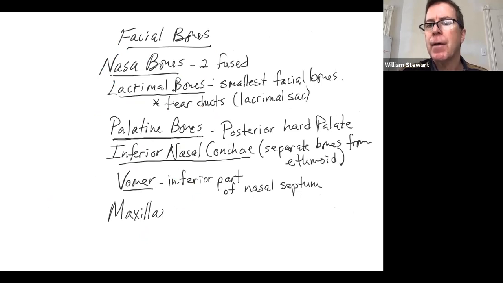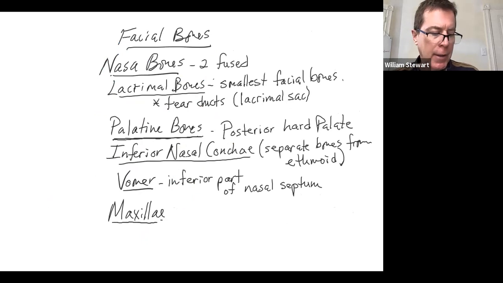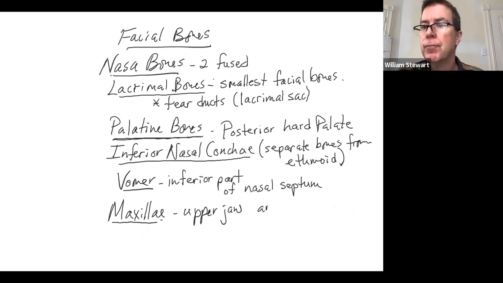We say maxillae with an E, that's plural, because technically it's two bones that have fused together. This creates the upper jaw. It articulates with every other facial bone, so it's kind of like the keystone of the facial bones, just like the sphenoid was the keystone of the cranial bones.